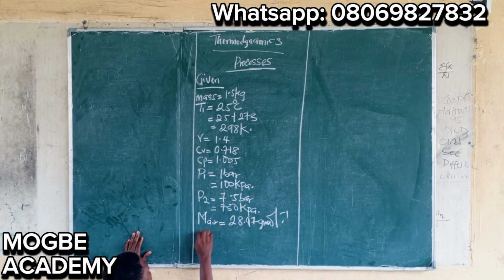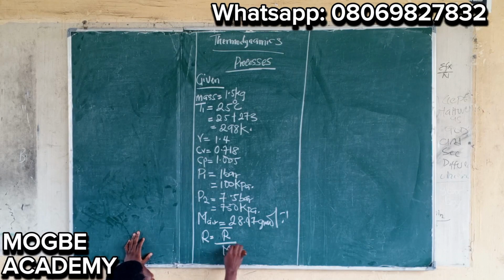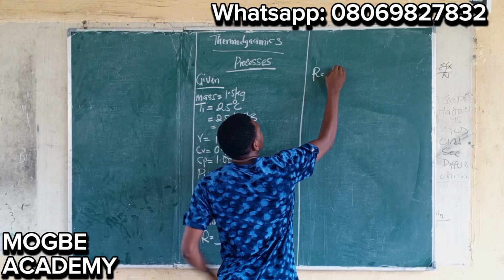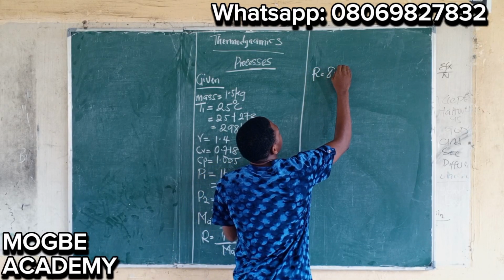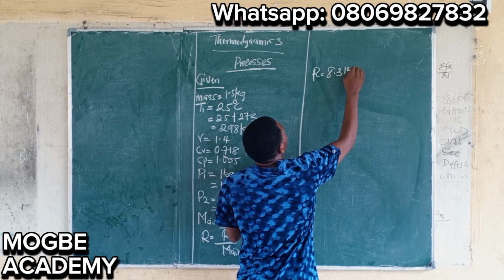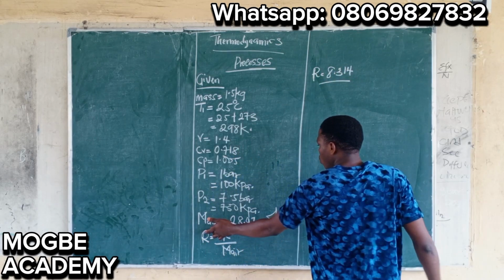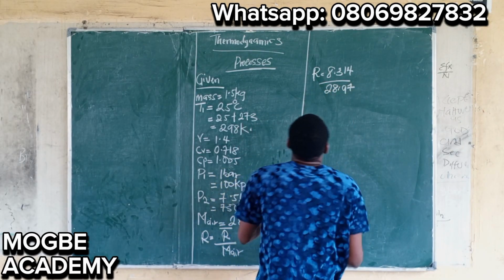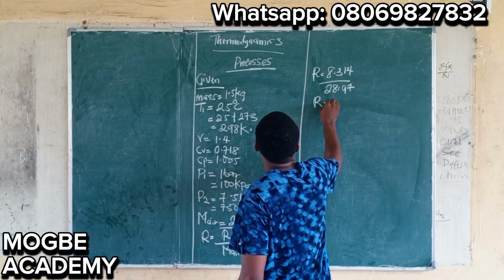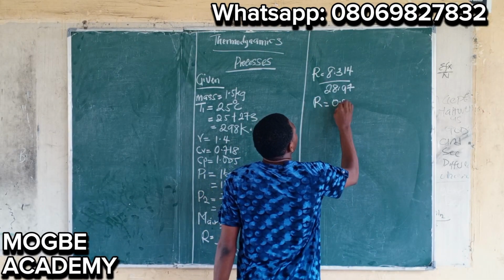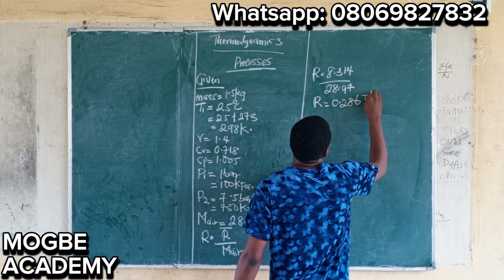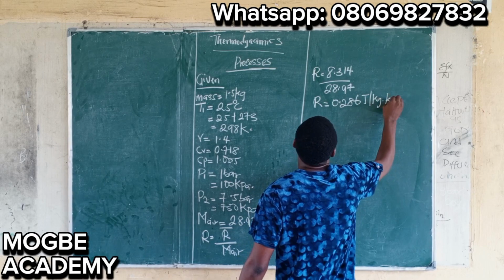We know that R is equal to R bar over M. R bar is 8.314, divided by the molecular weight 28.97. So what's your R? 0.286, and the unit is joules per kilogram Kelvin.